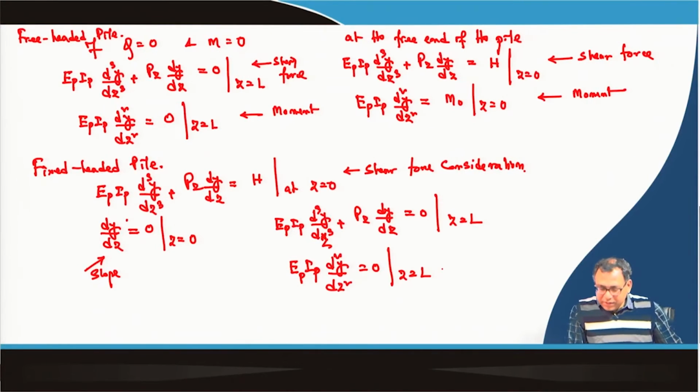Okay. So, you can use these 4 boundary conditions for the free headed pile and the fixed headed pile, and then you can solve this equation and you will get the deformation, and once you get the deformation, you will get the bending moment, slope, shear force, whatever you want.